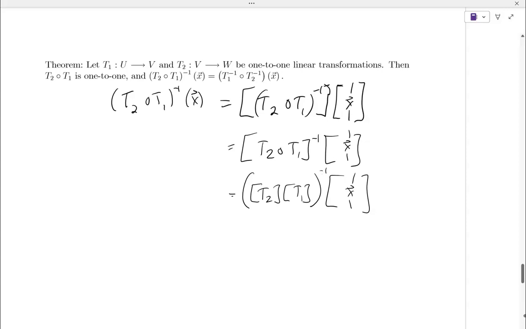How do you do the inverse of a product? I'm doing this for review more than anything. If I want the inverse of a product, what do I do? It distributes, and then what else do you have to do? You've got to reverse it, right? You've got to flip the order. So this is T1 inverse, T2 inverse times this same matrix here as a column.